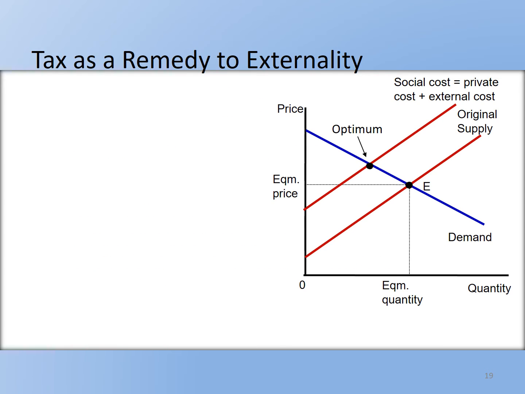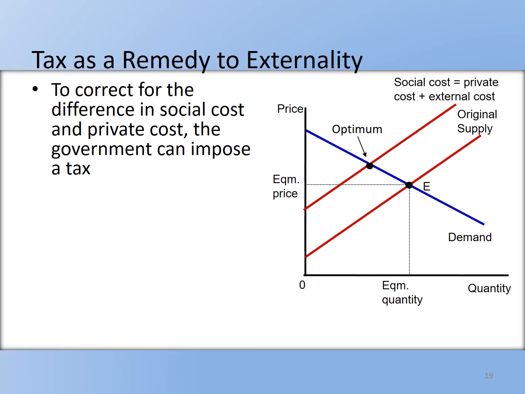Right, once again, in terms of the diagram, it is actually quite simple. What you want is to impose a tax that corrects for the social cost. Right, so to correct for the external cost. So the difference between social cost and private cost. Let's say I hurt you by $10 per output I produce, right?